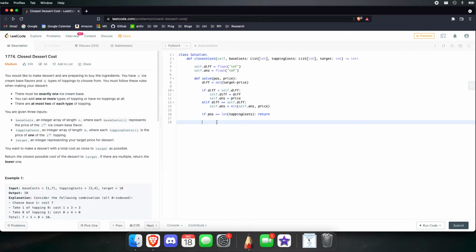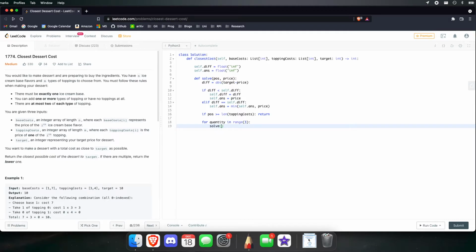For now, let's remember that we can choose at most 2. So for every quantity in the range of 3, here this will start at 0, then go to 1, and then go to 2 and stop there. This is exactly what we want. We can either choose to have 0 of this topping, 1 of this topping, or 2 of this topping.